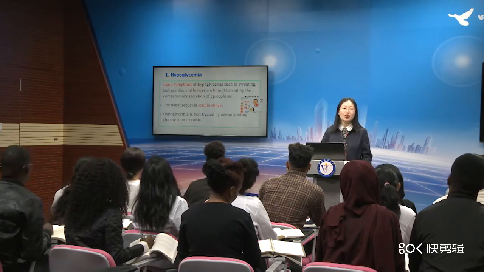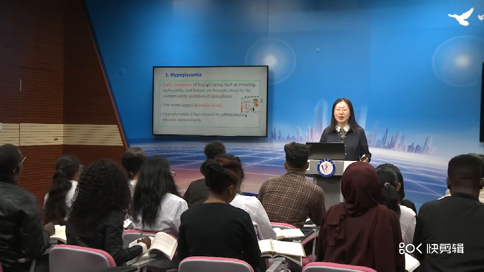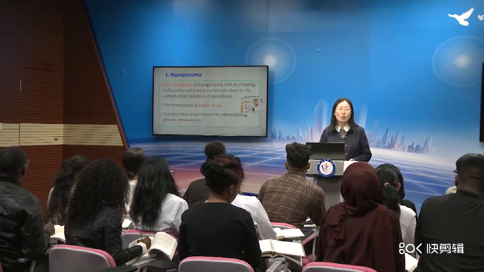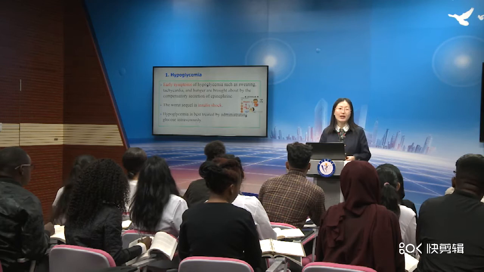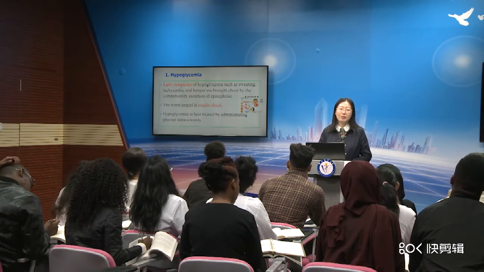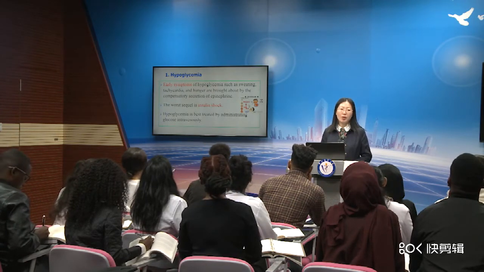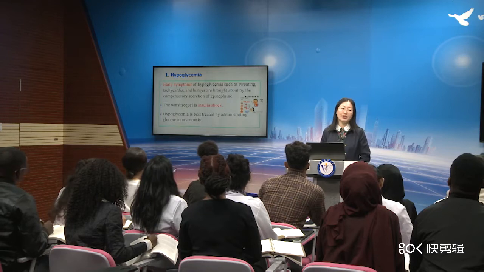If insulin shock occurs, hypoglycemia is best treated by administering glucose by intravenous injection to save the life. This is the first adverse reaction, commonly seen in diabetic mellitus patients.